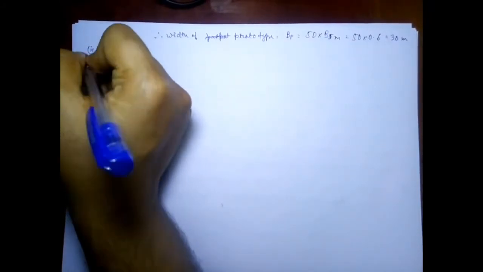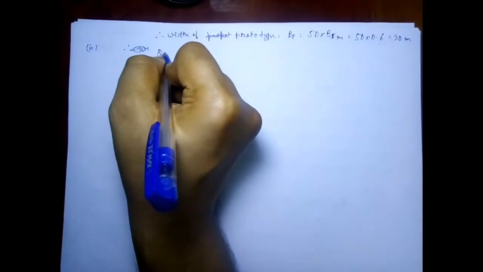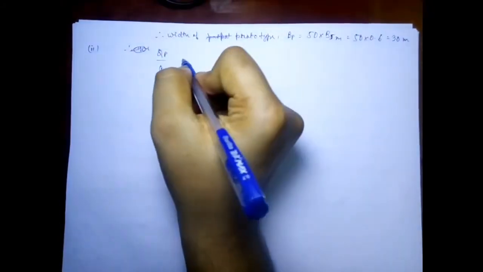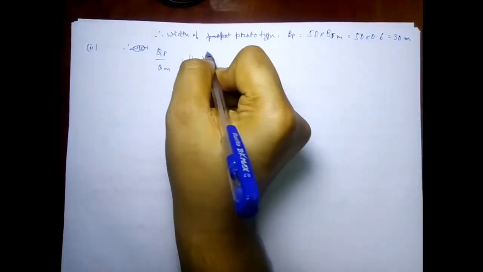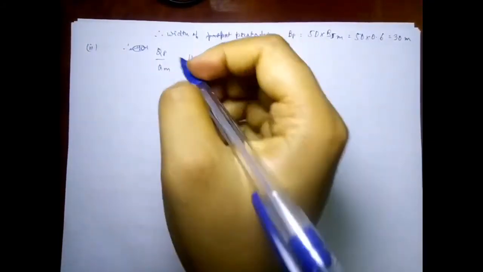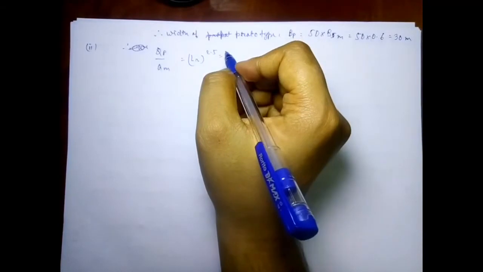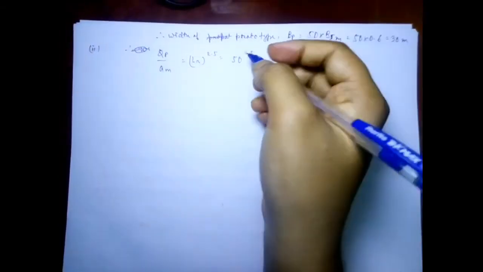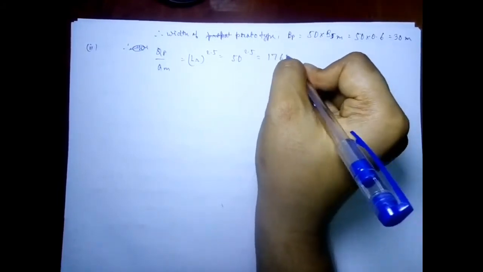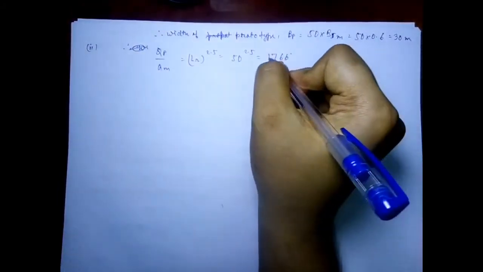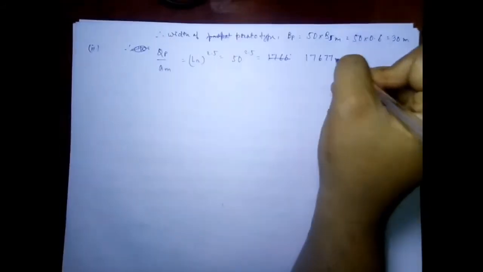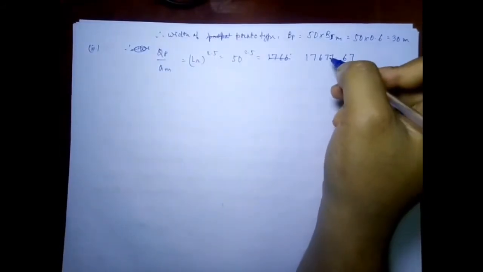In the second part, we are given the discharges, and QP upon QM is actually equal to LR to the power 2.5. You know the discharge scale ratio has power 2.5, and it is 50 to the power 2.5, and it is equal to 17,677.67.